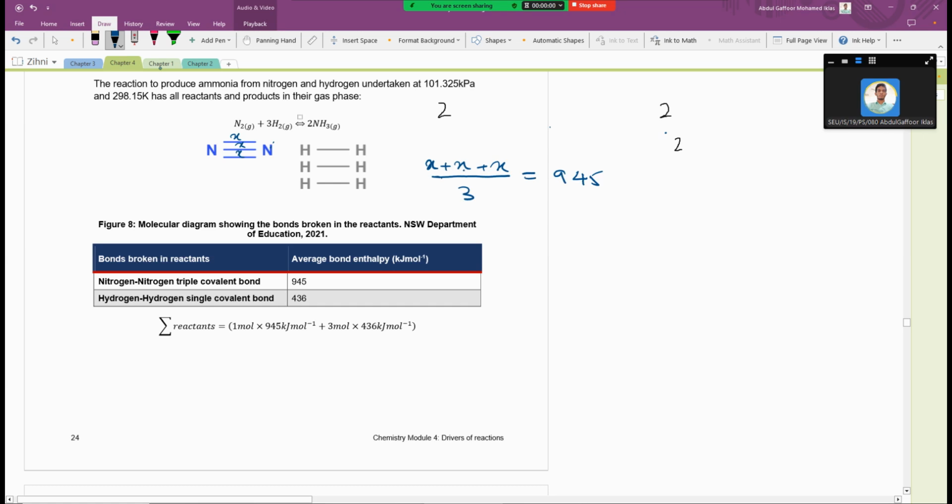So for breaking these three bonds we require this amount of energy. If we are asked to find the energy required to break only one bond in the nitrogen triple bond, then this is how we have to write it down. So 3x is equal to 3 times 945.